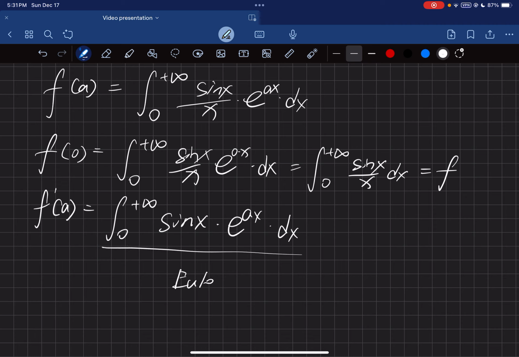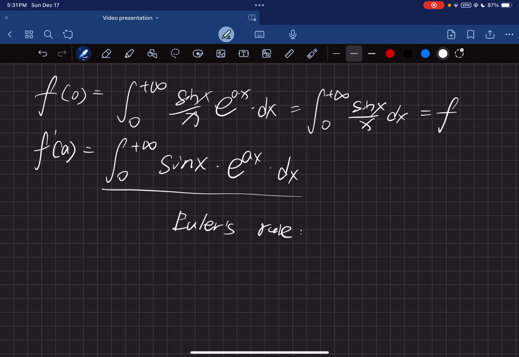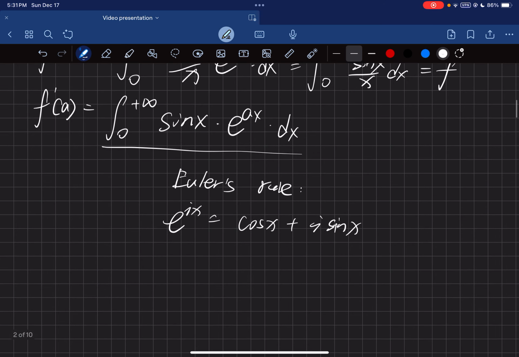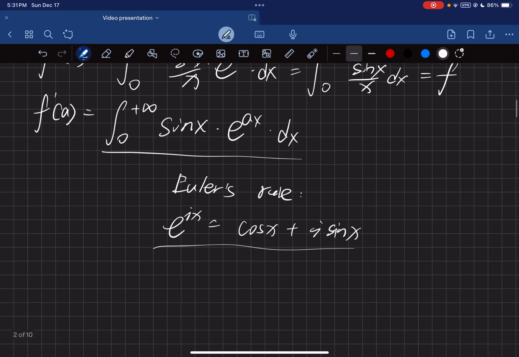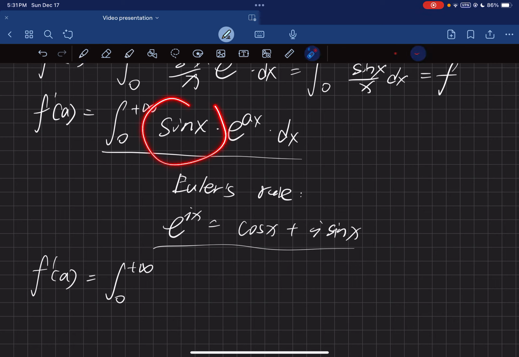Now we're going to use Euler's rule. As we know, Euler's rule is that e to the power of ix equals cosine x plus i times sine x, right? So we can rewrite this equation, as this sine x is the imaginary part of this complex number, right?